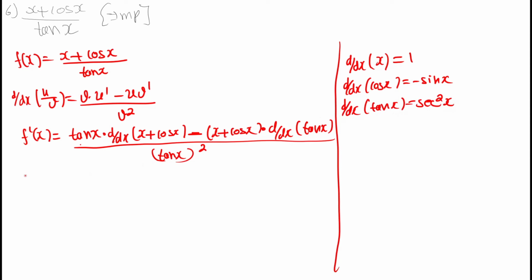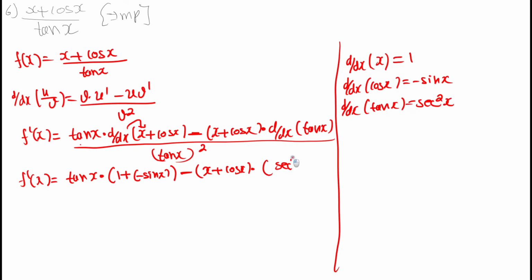Substitute the values. F dash of x is equal to tan x into first derivative of x, that is 1, plus derivative of cos x is minus sin x, minus x plus cos x into derivative of tan x is secant square x divided by tan x whole square.